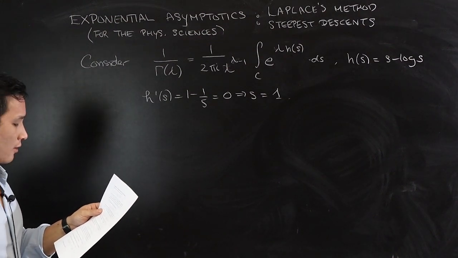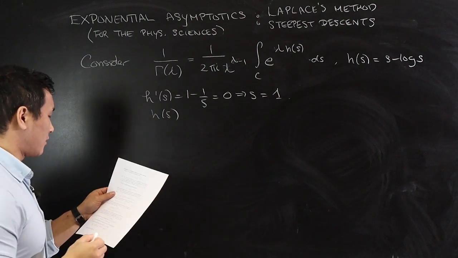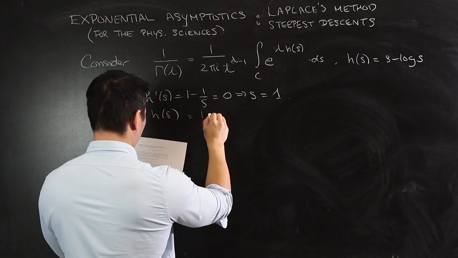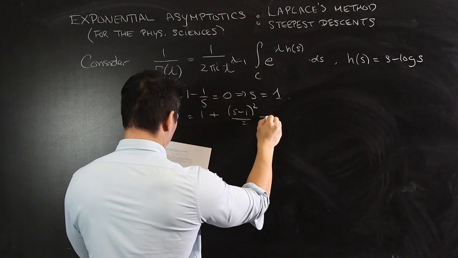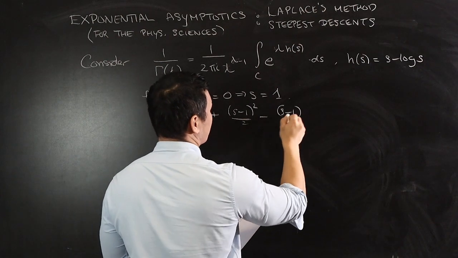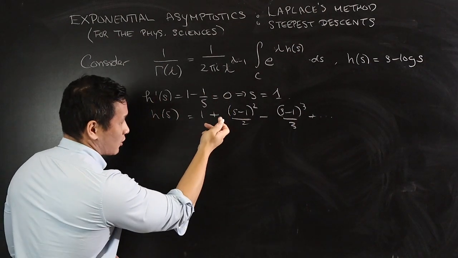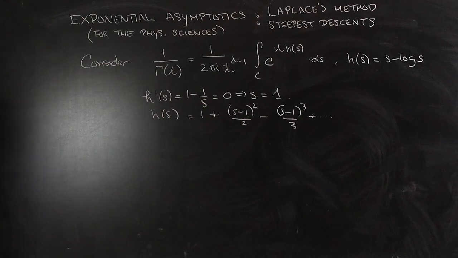I know that h of s, I can Taylor expand near the critical point. So this is basically 1 plus (s minus 1) squared over 2 minus (s minus 1) cubed over 3. Okay, and at s equal to 1, you don't have a first derivative. And notice our little Gaussian friend there, which always seems to crop up.